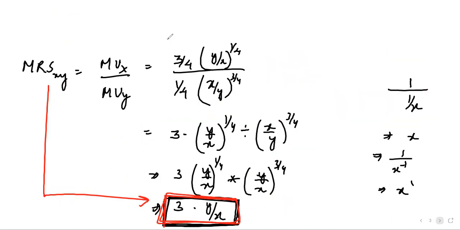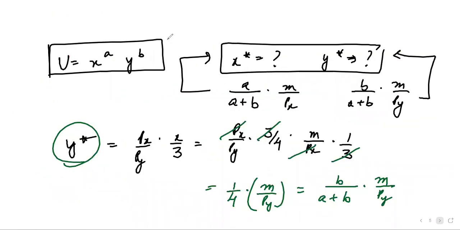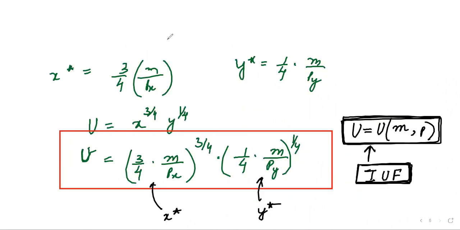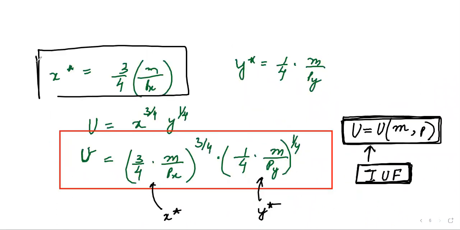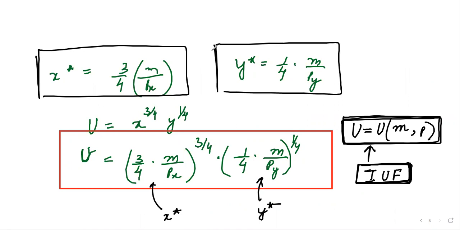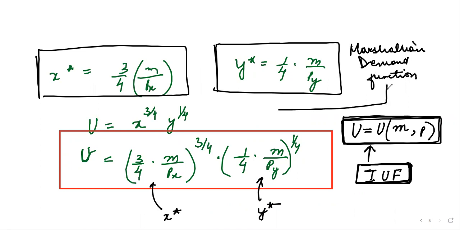From direct utility function, we derived the Marshallian demand functions of x and y. This is my Marshallian demand function. And from Marshallian demand function, we derived the indirect utility function. Okay, thank you.